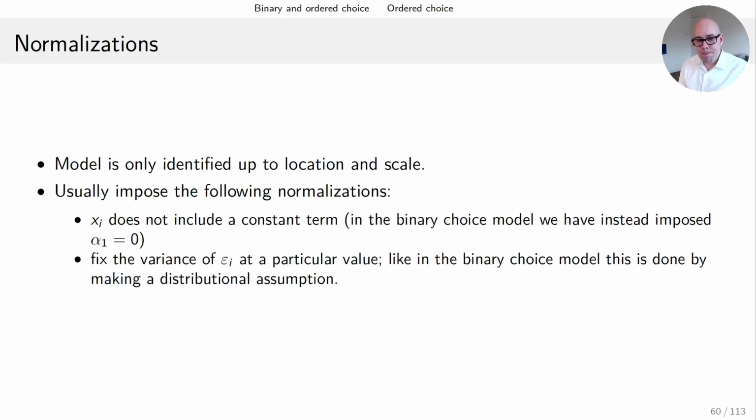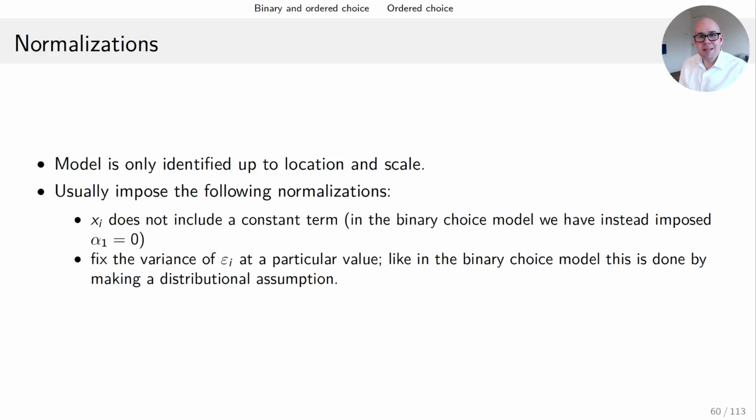Now, these two things are doing more or less the same thing, or they are doing the same thing. You can go back and forth between them. But for different models, we have different ways of usually approaching this. And this is just important for you to keep in mind once you're wondering about normalizations.